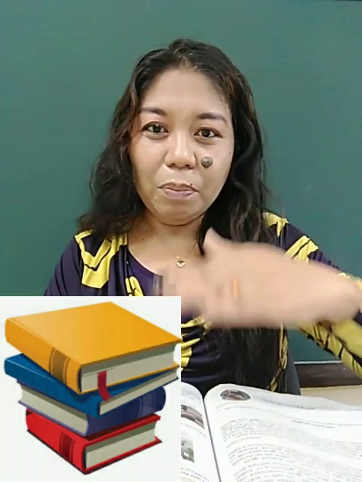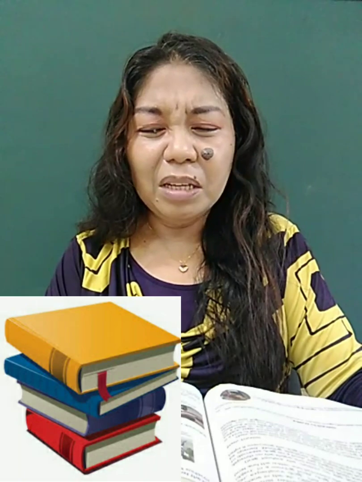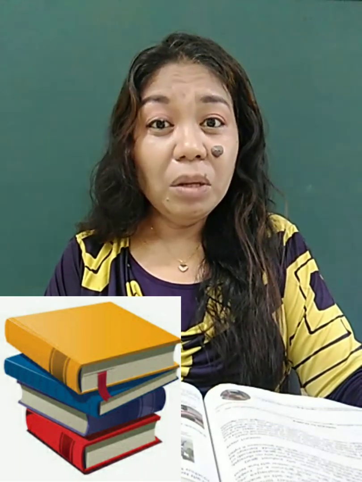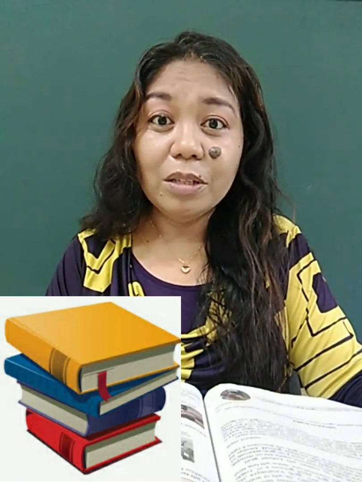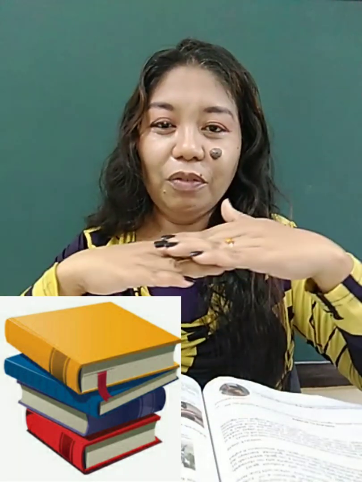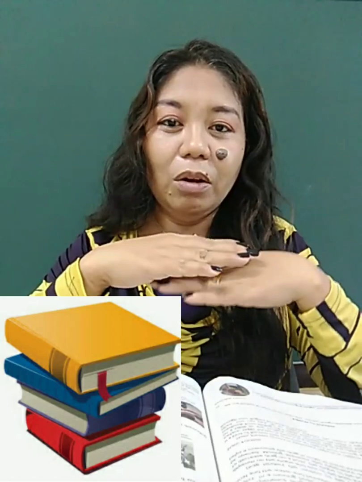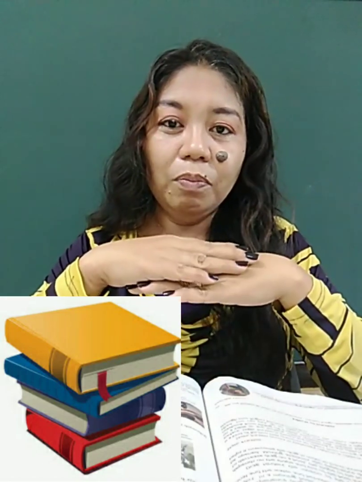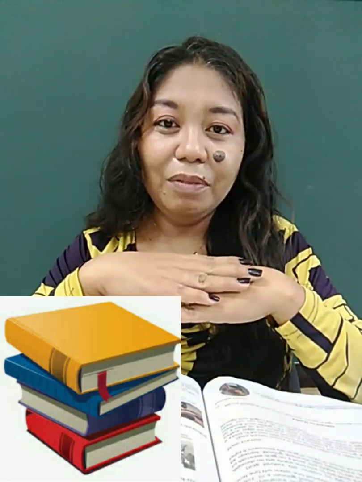Okay, what about when you stack books? Why don't they move? That is because of static friction. Friction between the surfaces of the books and also the lowest book, and friction between the surface of the table and the surface of the book. So static friction is very, very important to keep things steady.